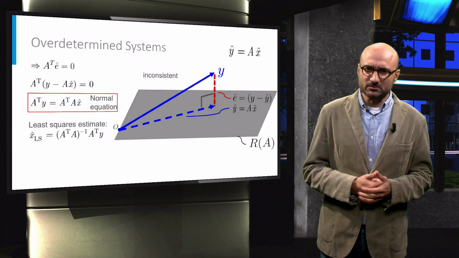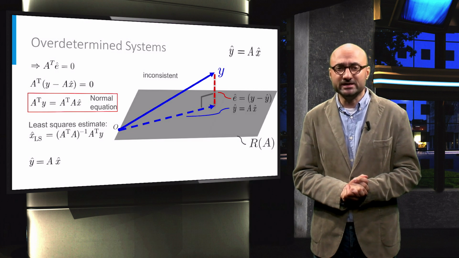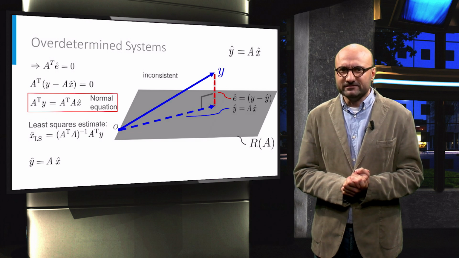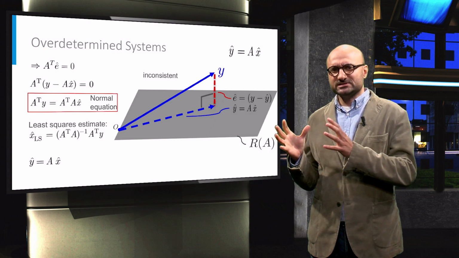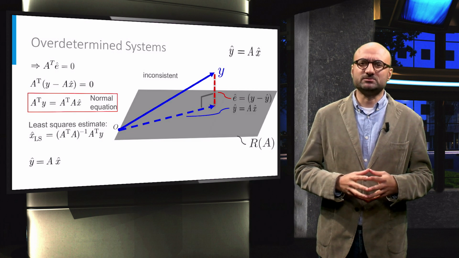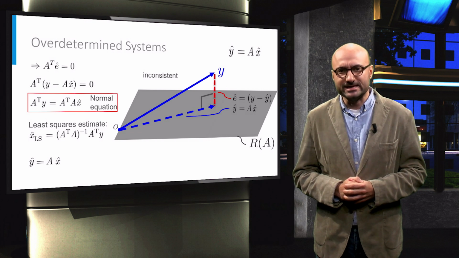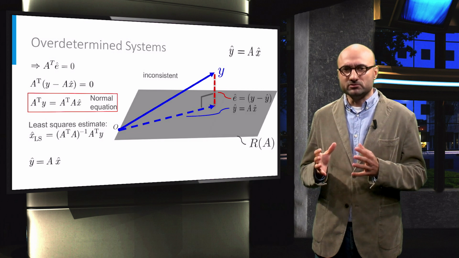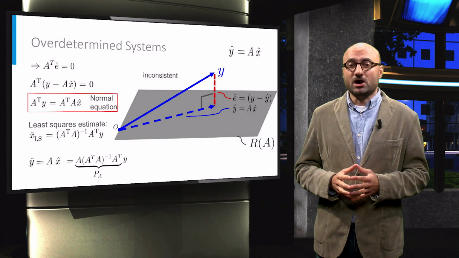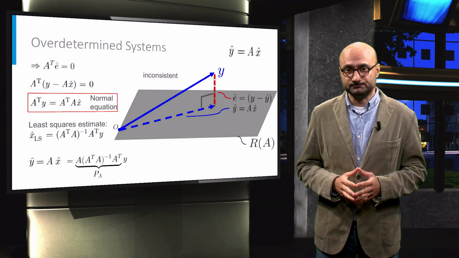Also, the adjusted observation vector y hat can now be computed by multiplying A to x hat. In fact, we can interpret the least squares estimate y hat as the orthogonal projection of the original observation vector y onto the range space of matrix A. And this projection can be written in the mathematical form as the multiplication of the matrix P_A to the vector y.